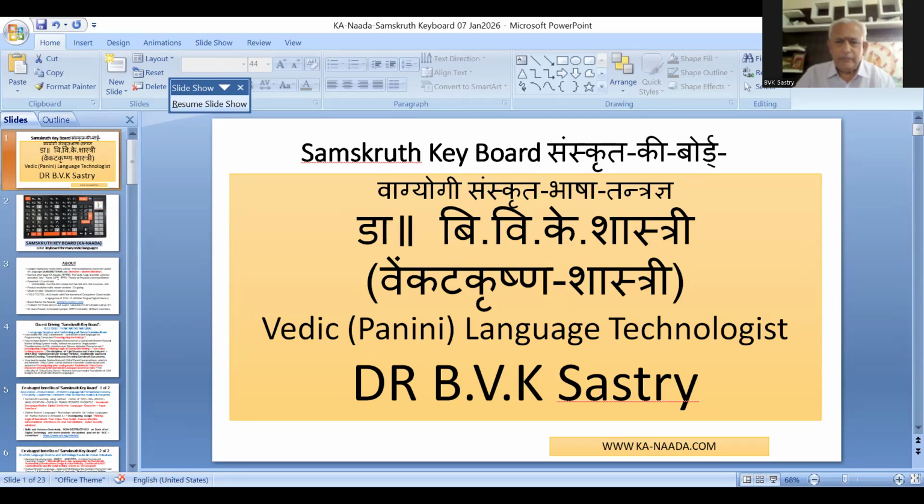Now the slide is Quest driving Samskruta keyboard. It is not getting reflected on my screen. The change is not visible now. Let me correct it.